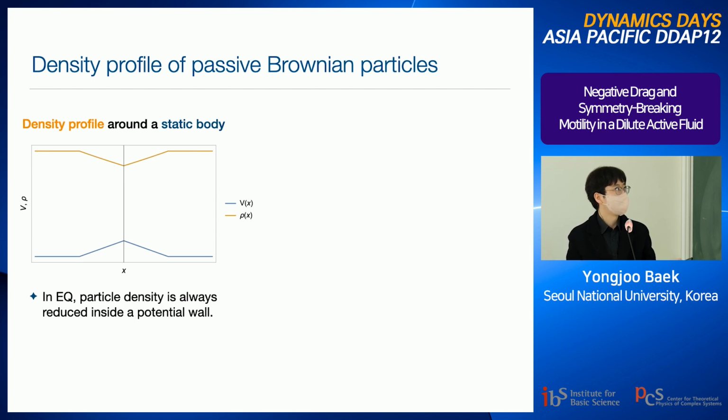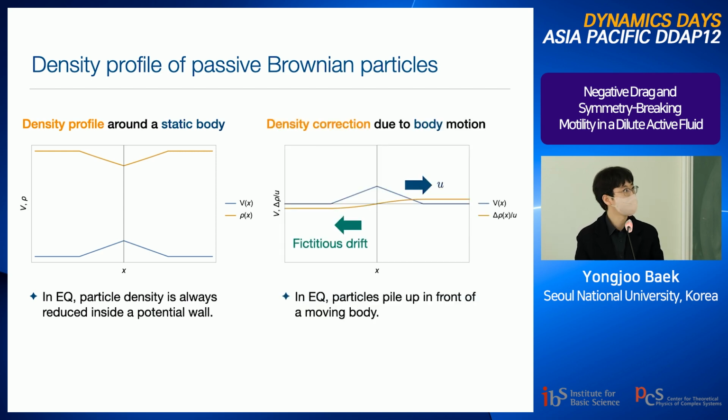Let's first suppose we were just looking at an object immersed in a fluid of passive Brownian particles. Then in that case, the density profile around a static triangular potential would look like this, according to the usual Gibbs distribution.